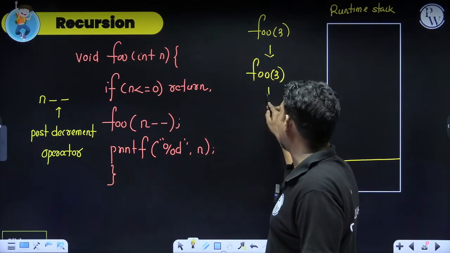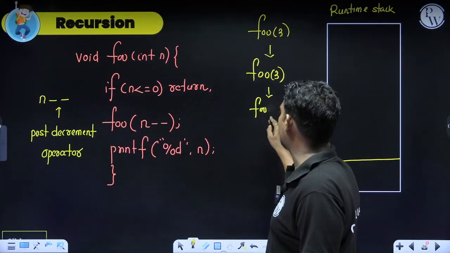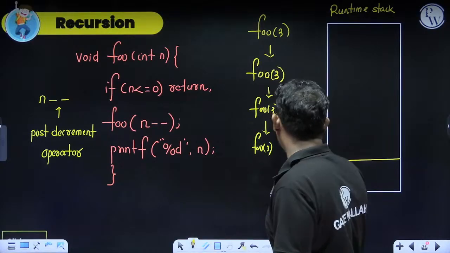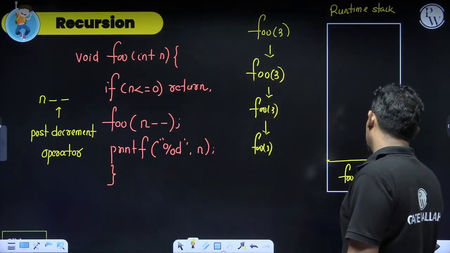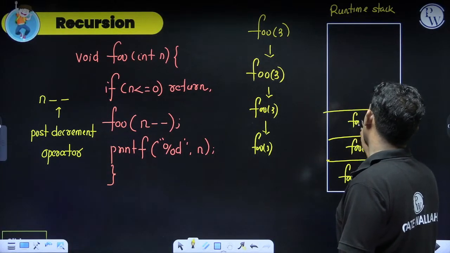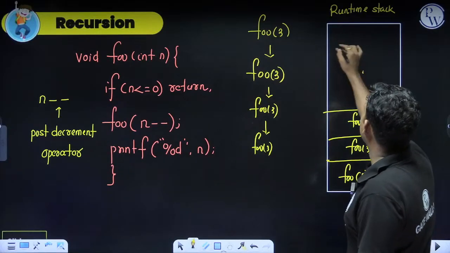So now what will happen? There will be a sequence of calls to foo(3). Every time you call the function, it will call foo(3) many times, and it will fill this runtime stack.